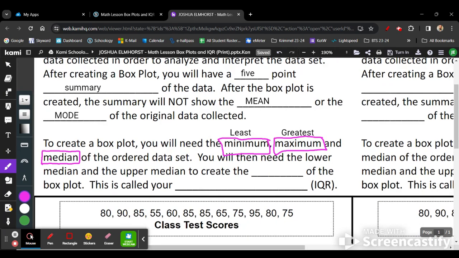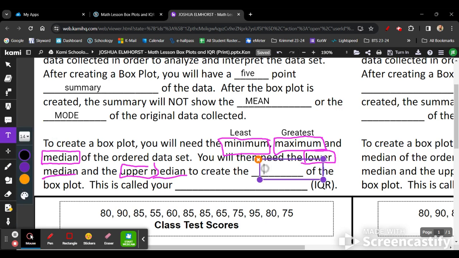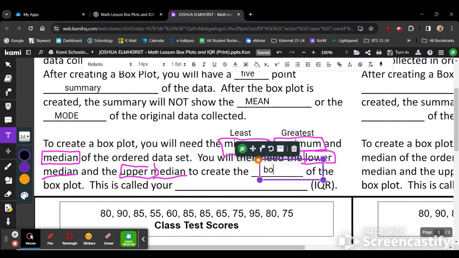The other 2 points are going to be called the upper median and the lower median. The upper middle and the lower middle. And that piece of information is going to be used to make the box of the box plot.